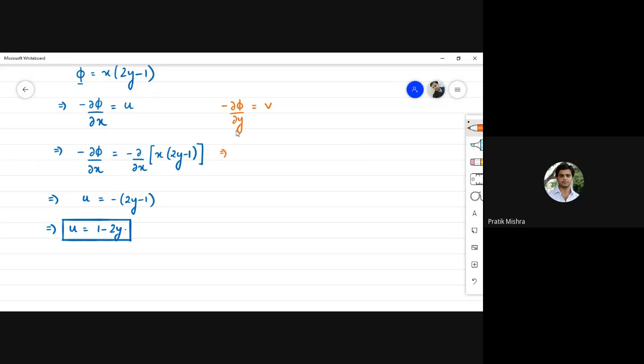So minus del phi by del y is equal to minus del by del y of x into (2y minus 1). From here you will get v is equal to minus times 2x. This is the velocity component in y direction.